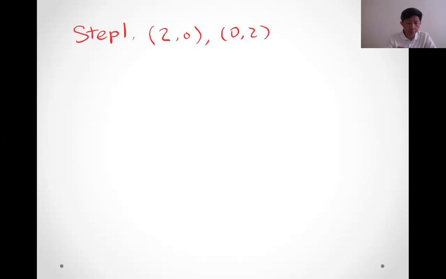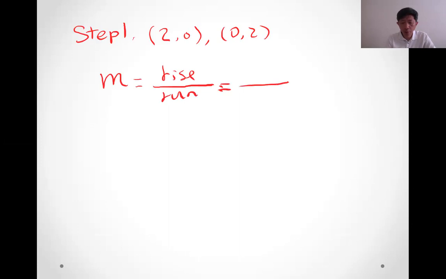Slope is m, right? And I take rise over run, which is equal to 2 minus 0 over 0 minus 2. Therefore, it is 2 over negative 2, which is equal to negative 1. Okay, that's step one. I found the slope.